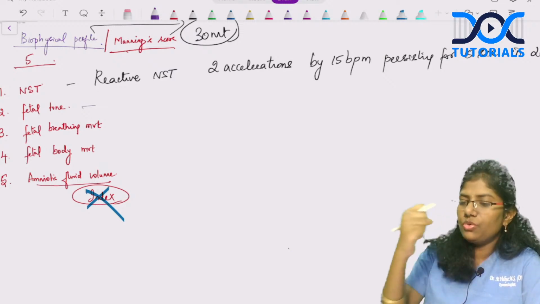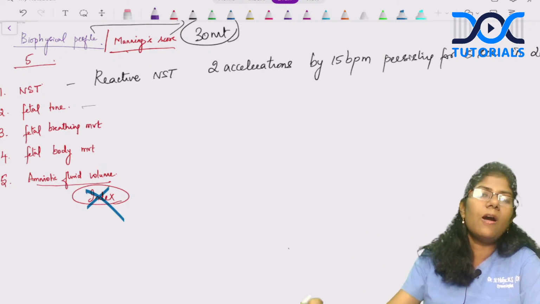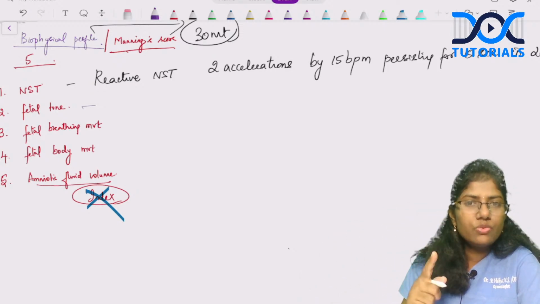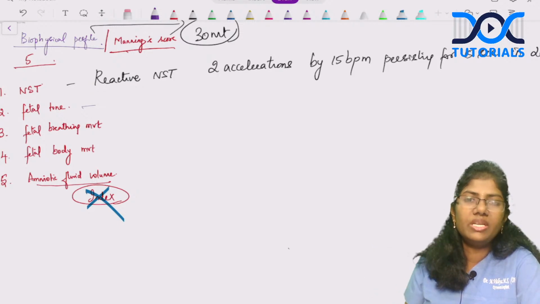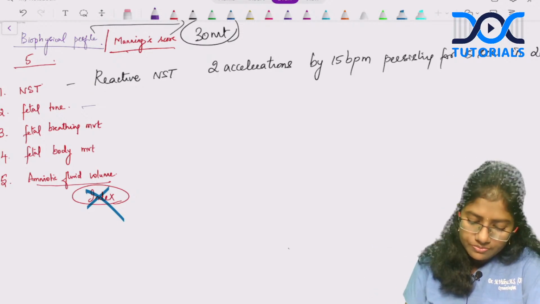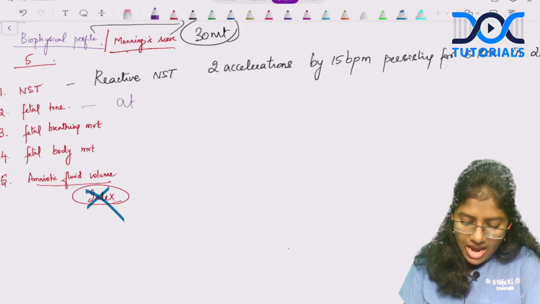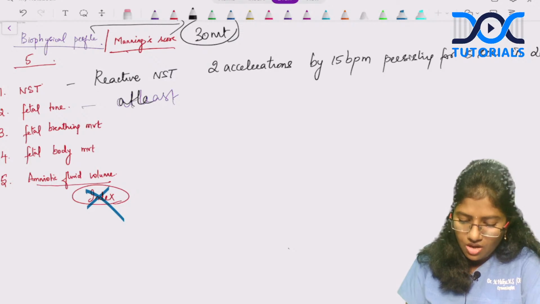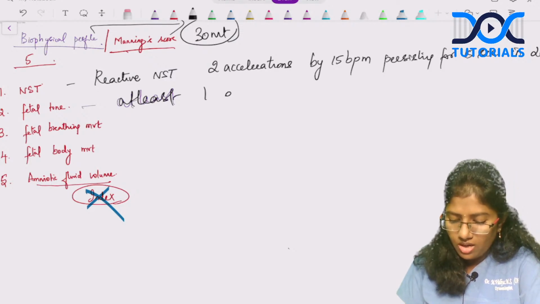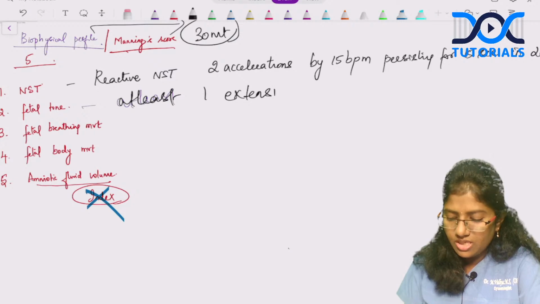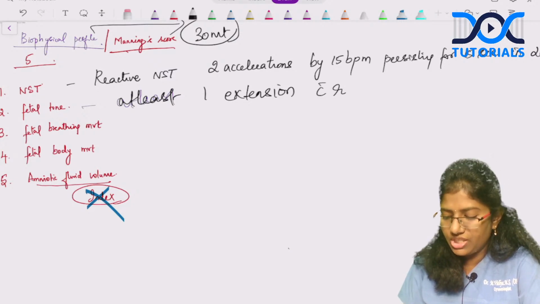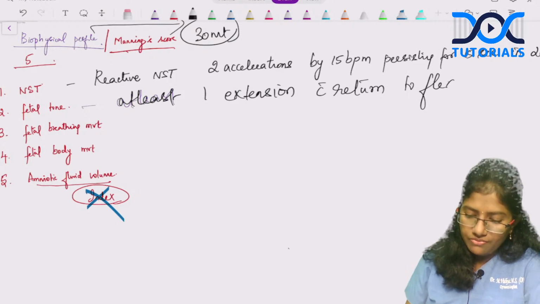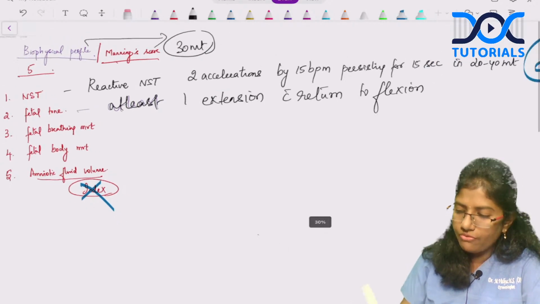If the baby is able to extend the arm and return to flexion at least once in this 30-minute observation period, then you give a score of 2.